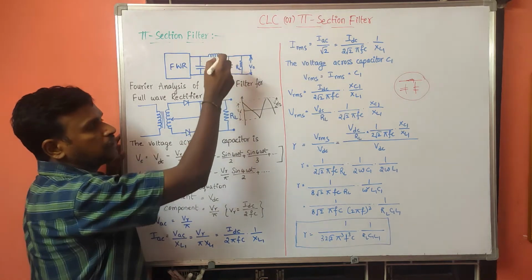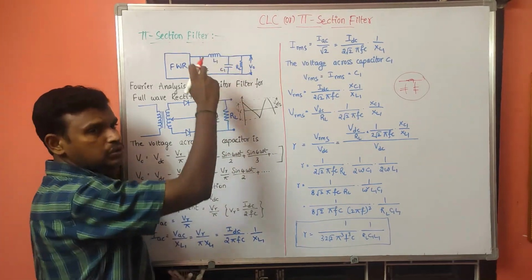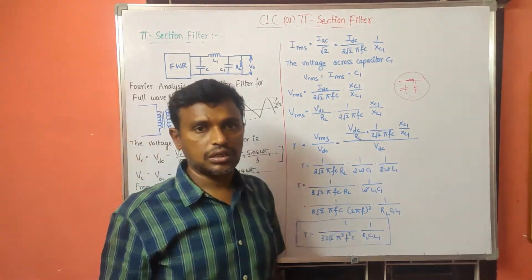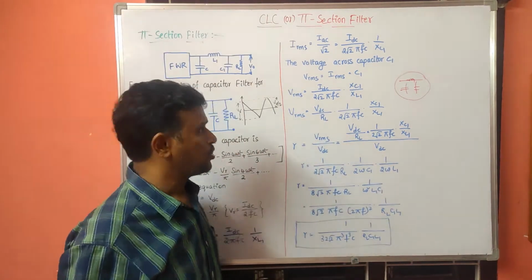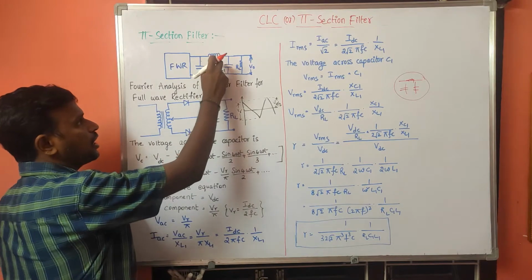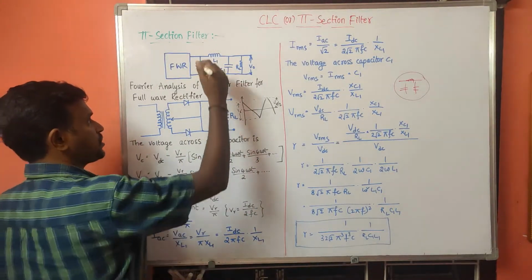After that the output of the inductor is given to the capacitor. So like this we will reduce the AC component that is present in the output of the filter. Okay. So here C, L and C are connected in the form of pi. So that's why it is called pi section filter.